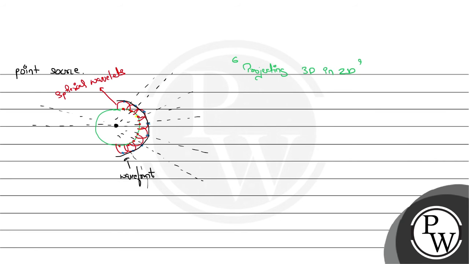So this would be a secondary wavefront, if we consider this as the primary one. And now these wavefronts will have n number of disturbances, and those will create n number of different wavelets, and the locus of all the points in the wavelets gives the next wavefront. So this type of wavefront is called the spherical wavefront.